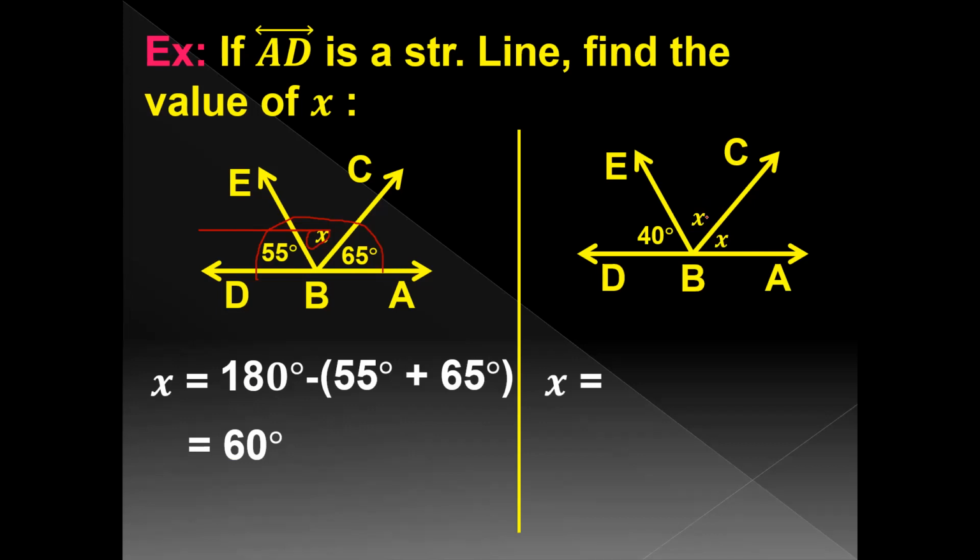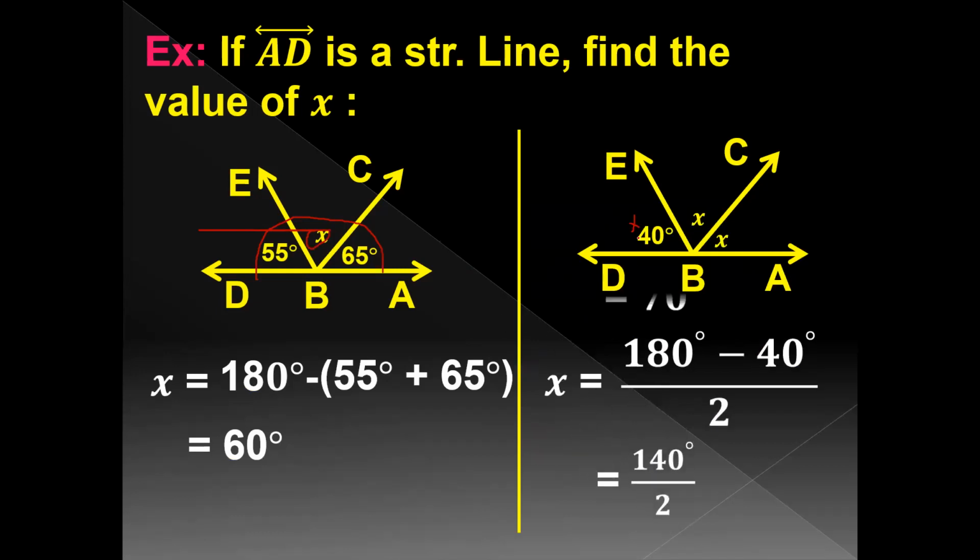We can find one of them by dividing the measure by 2. X will be 40 degree subtracted from 180 degree, so 180 degree minus 40 divided by 2. So the value of each one will be 70 degree.